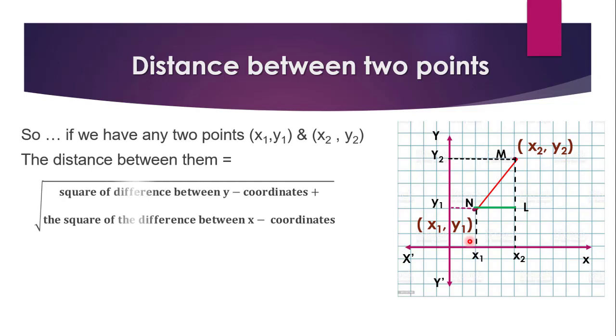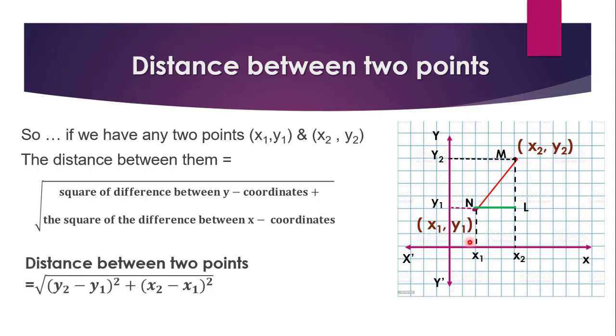So if we have any 2 points (x1, y1) and (x2, y2), and we want to calculate the distance between the 2 points, we will take the square root of the squared difference between the y coordinates plus the squared difference between the x coordinates.